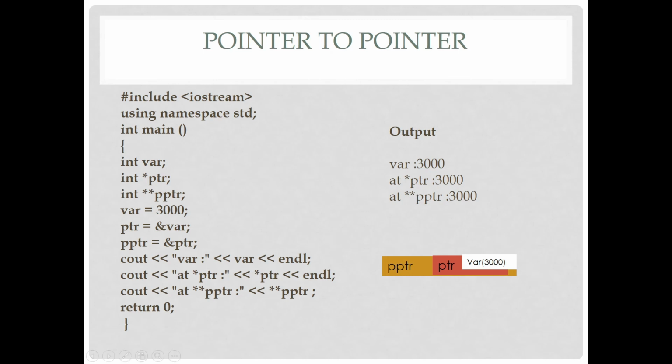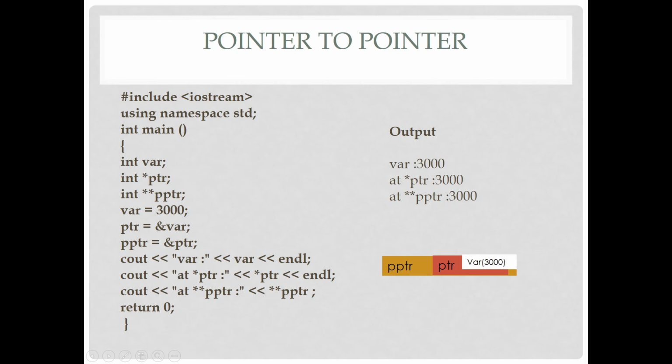Now you have int main, int var, which means my var is going to be an integer. It has its own value 3000. Now you have int *ptr, which means this *ptr is a pointer variable pointing to an integer. And now you have this **pptr.